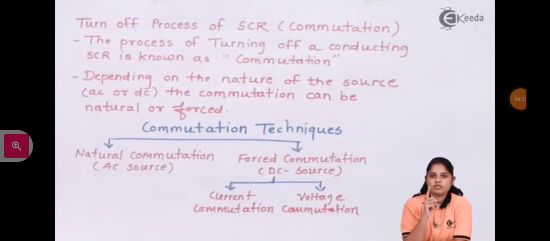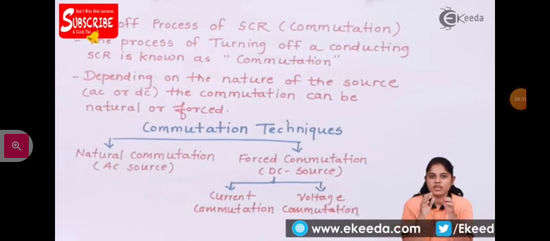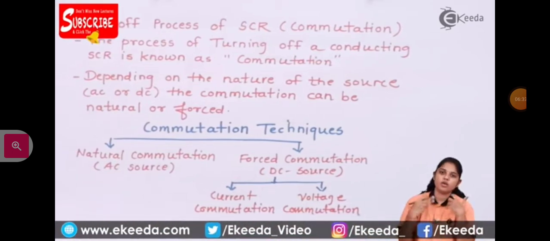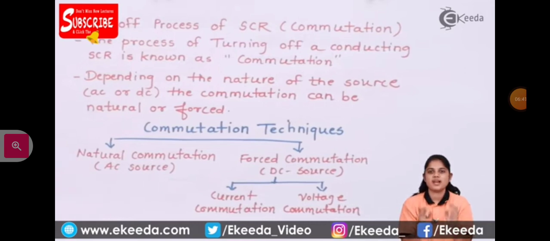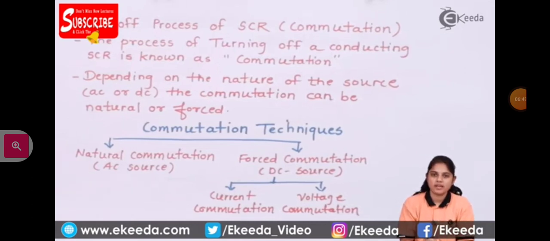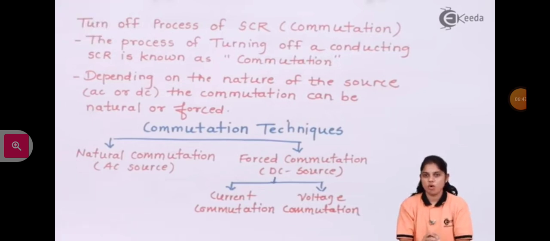So basically, first of all, we have discussed some advantages and disadvantages of SCR. If you remember, an advantage of SCR is that turning on is a very easy method, but turning off of an SCR is a difficult method, because once it is latched into the on state, it is difficult to bring it into the blocking state, or you can say the off state.